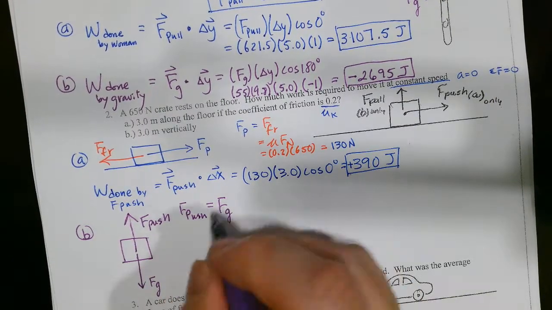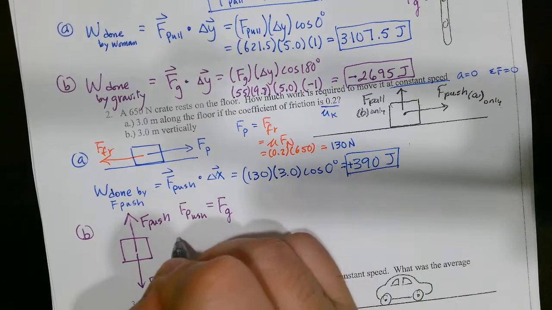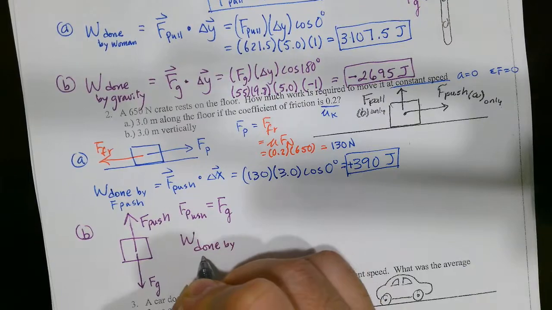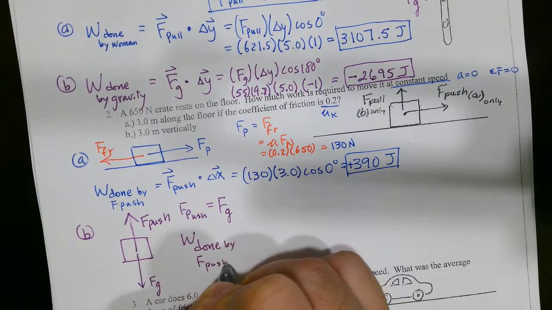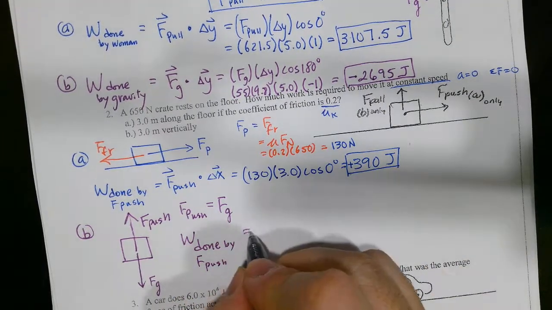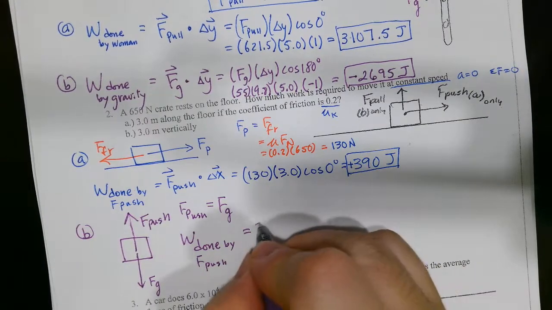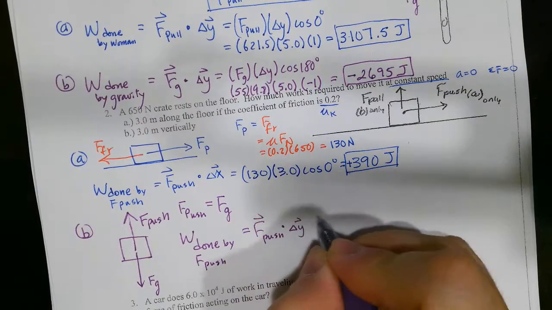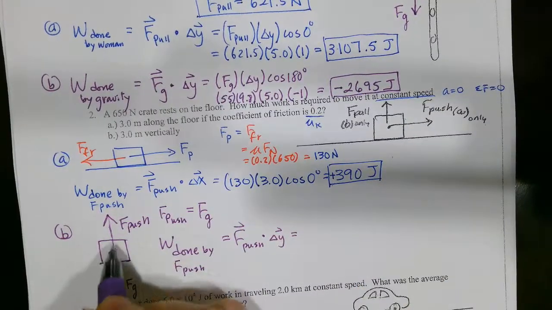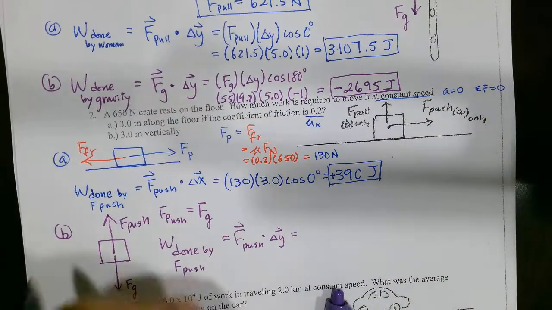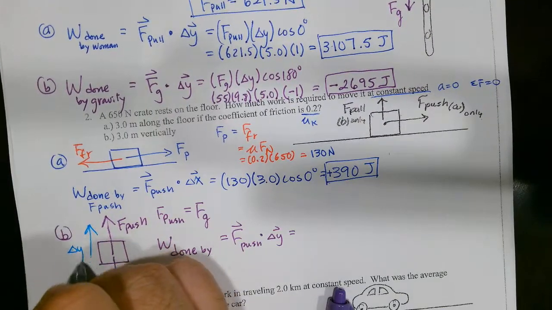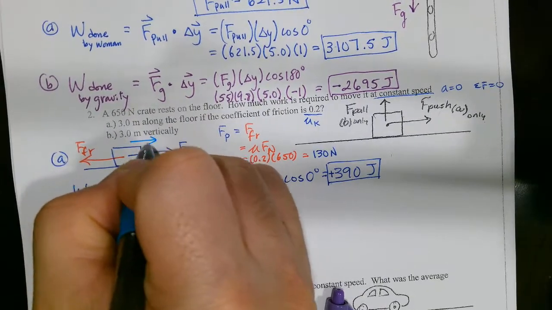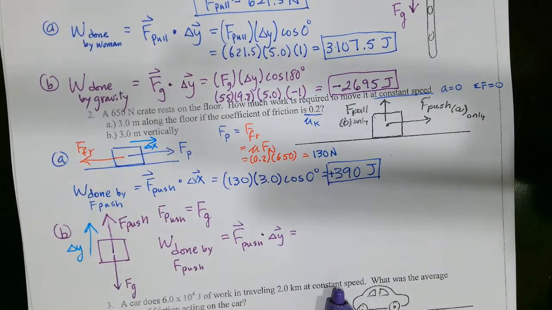So work done by F push, or F lift, it doesn't matter, same thing. So F push dot delta y. Now F push is going that way. My delta y is going that way. So again, it's 0 degrees.